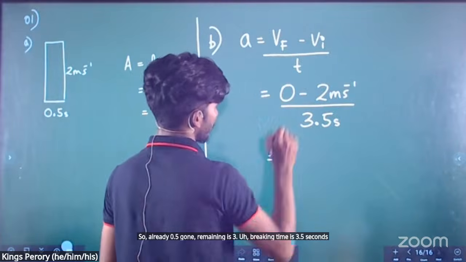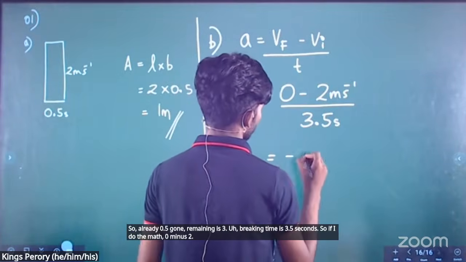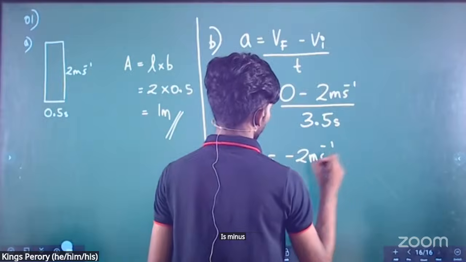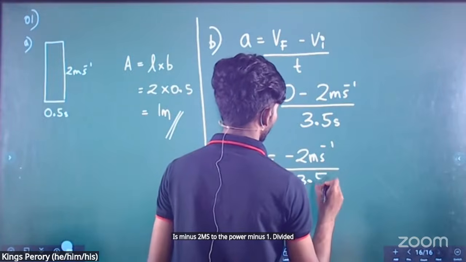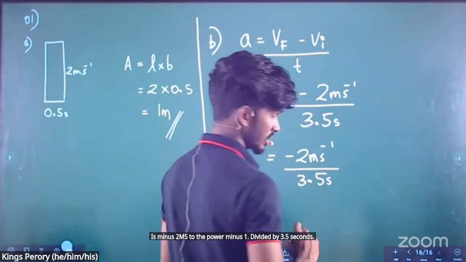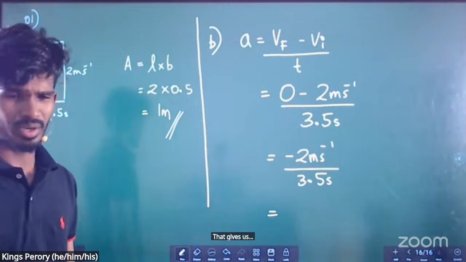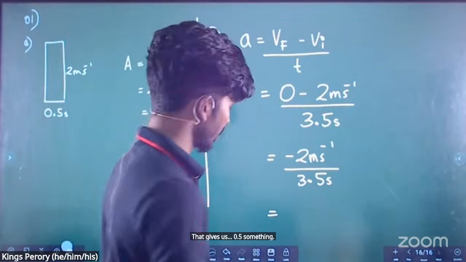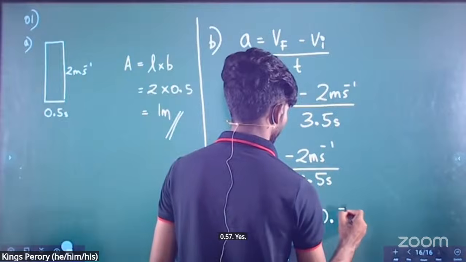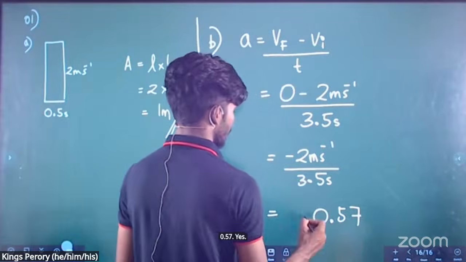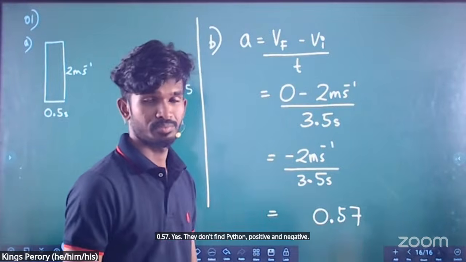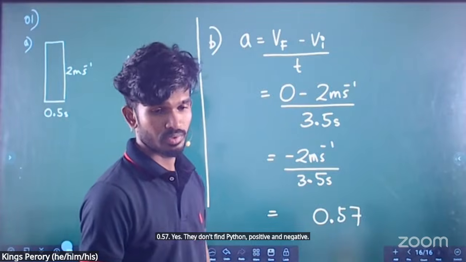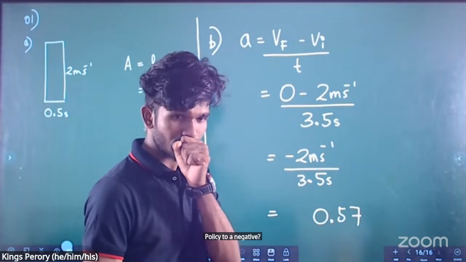So if I do the math, 0 minus 2 is minus 2 m s to the power minus 1, divided by 3.5 seconds. That gives us 0.57. Positive or negative? Negative.